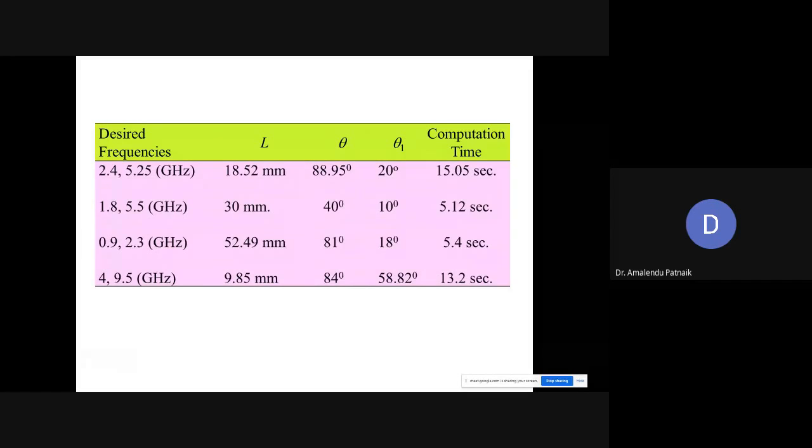By taking those, with the help of the simulator, you need to draw that structure, and then you simulate that structure using the RF simulator.